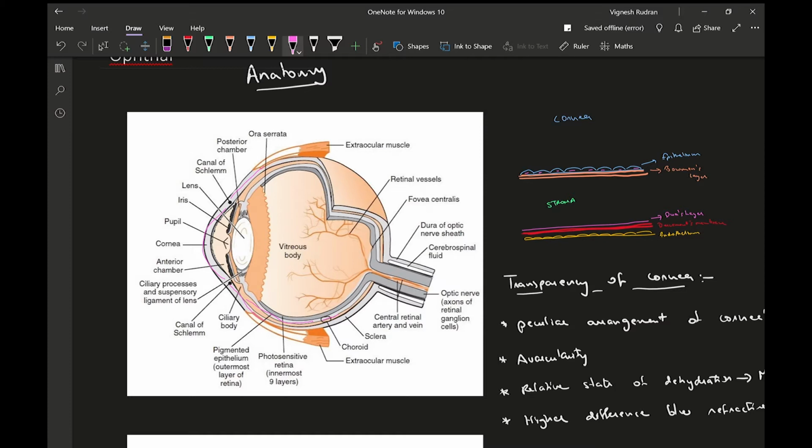Then this is the lens. Then this is the ciliary body. This is the choroid. The whole thing together is known as the uveal tract. And you have the optic nerve coming out over here. So that would be all.